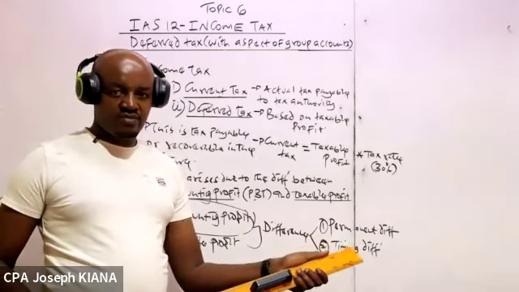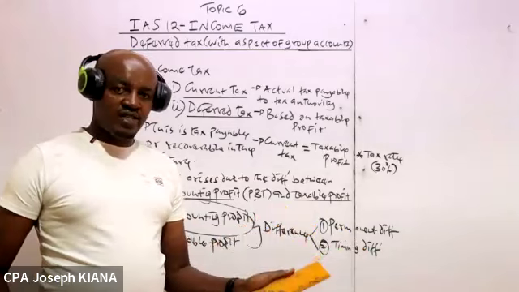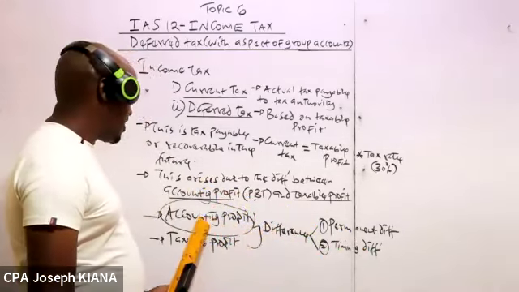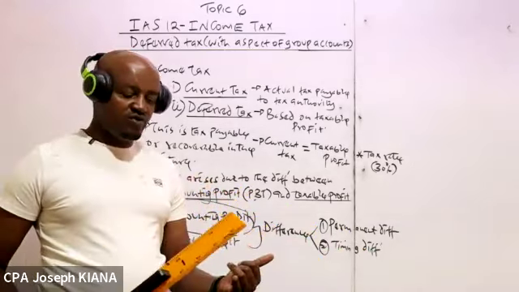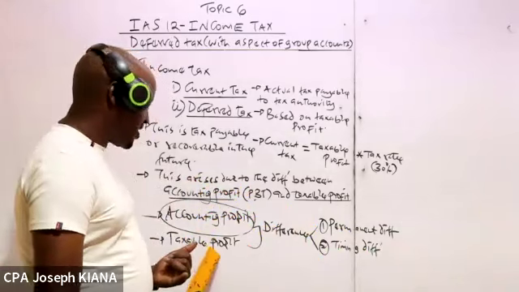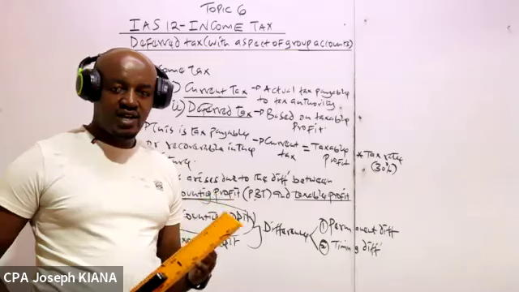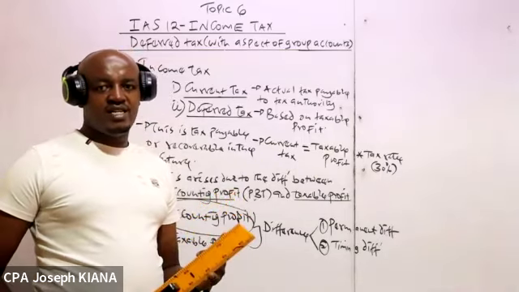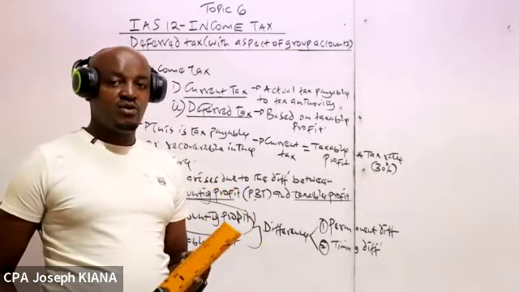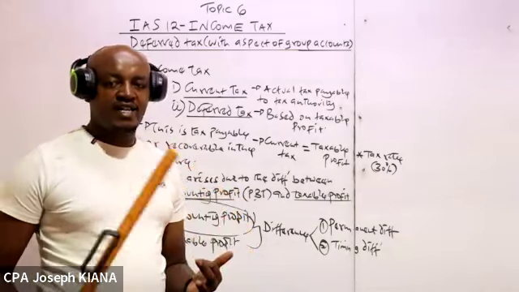So that means those items are not used in computation of taxable profit. And good examples of such items include depreciation. We know in computing the accounting profit, depreciation, you account for it as an expense. But when computing the taxable profit, we know depreciation is a disallowable or non-deductible expense. You don't take it into account in the computation of what? The taxable profit. Number two, we also have things like fines and penalties.